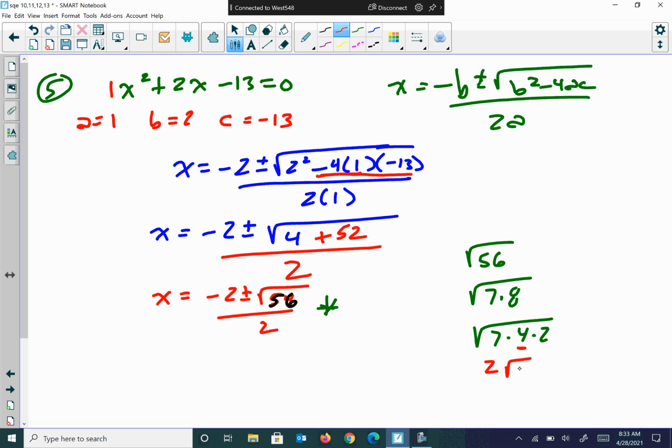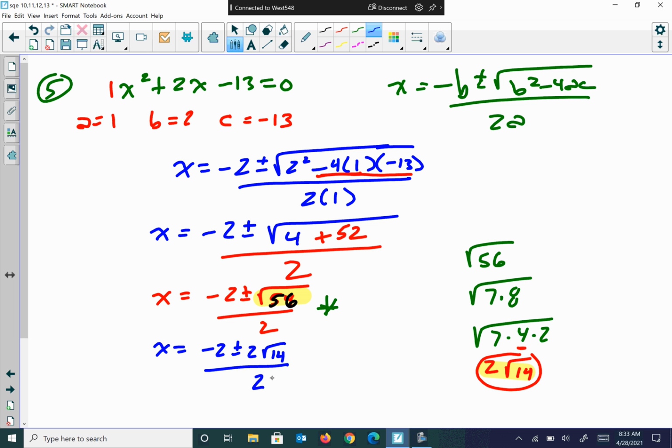So I have 2 root 14, and I'm going to replace root 56 with it. I did it off to the side a little bit. So I get x equals negative 2 plus or minus 2 root 14, all over 2.